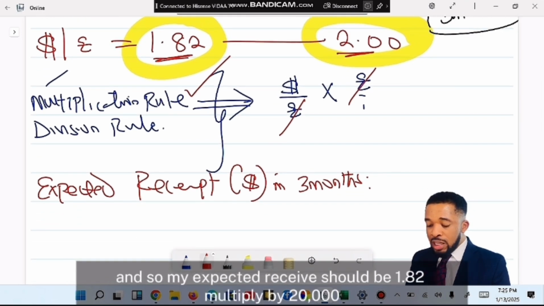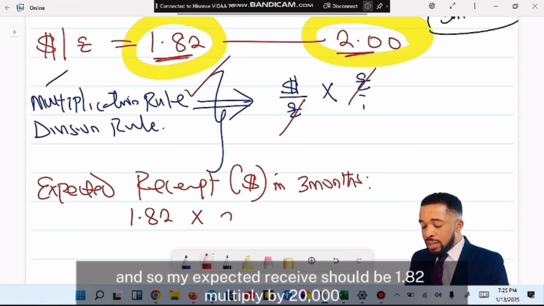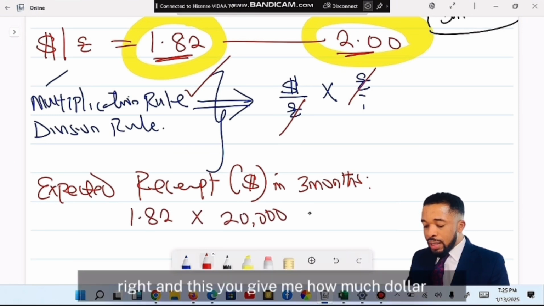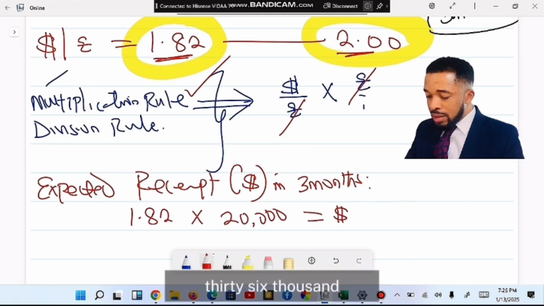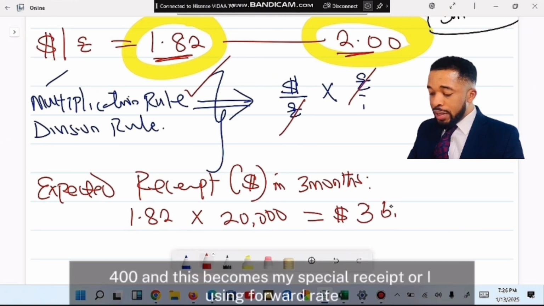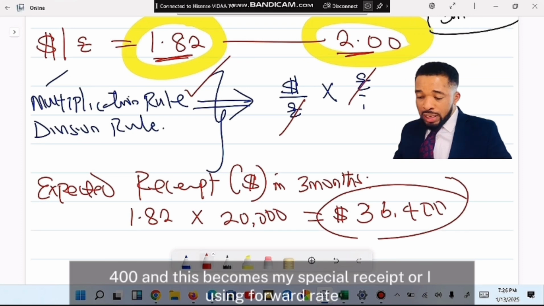And so my expected receipt should be 1.82 multiplied by 20,000, right? And this should give me how much dollar? 36,400. And this becomes my expected receipt, all right, using forward rate.